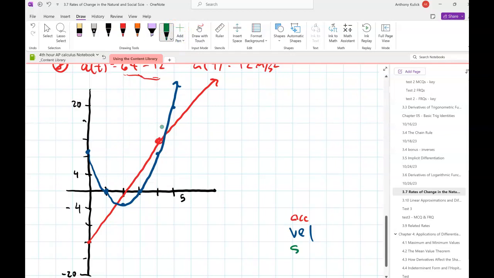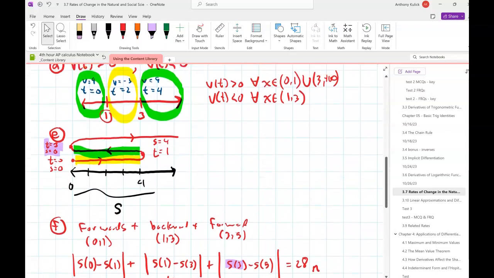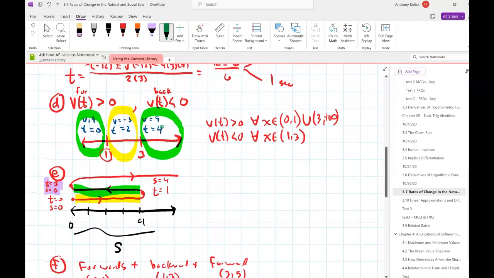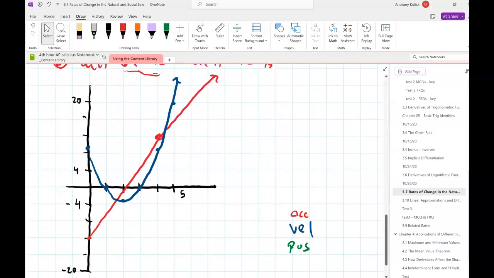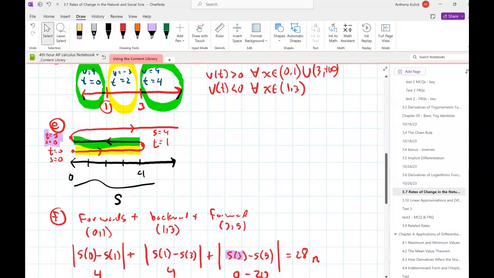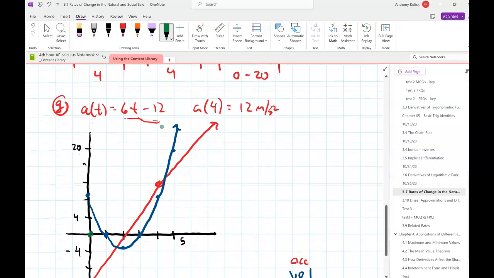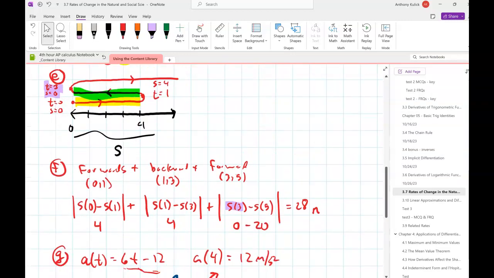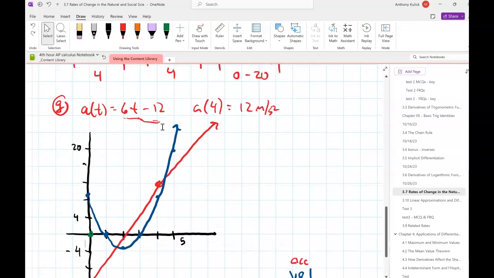And then for my position, let's see here. I know that at time 0, position was 0, and then 1 is 4, and 3 is 0. So at 0, 0, 1, 4, 3, 0.